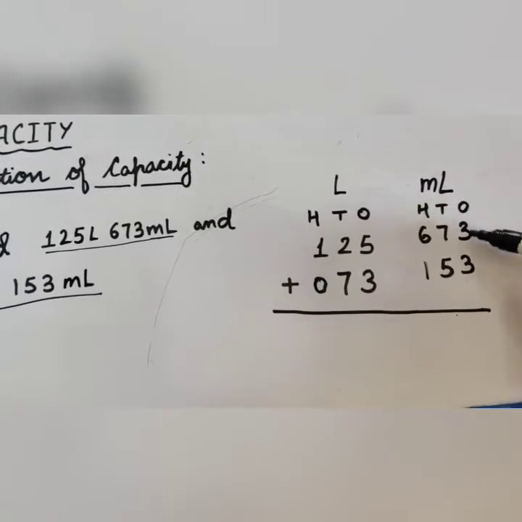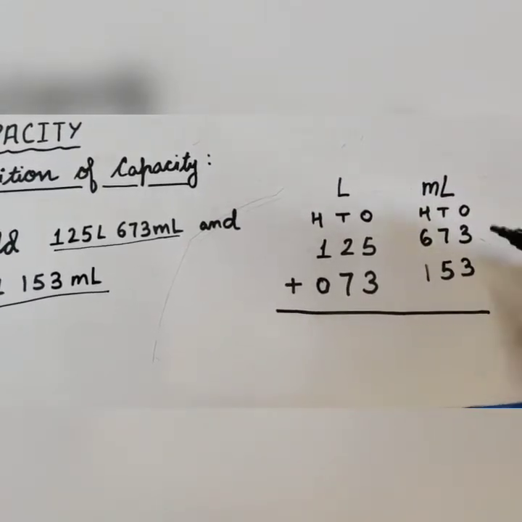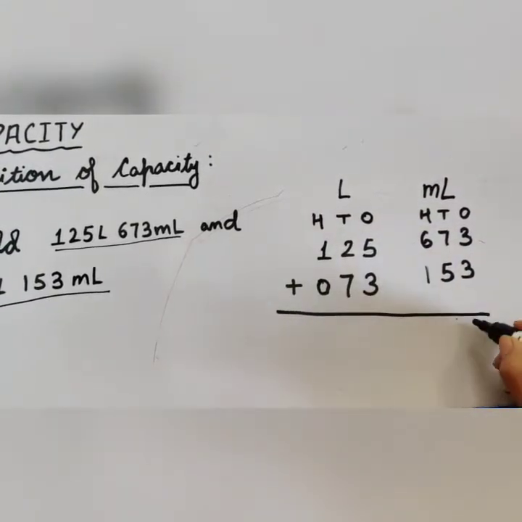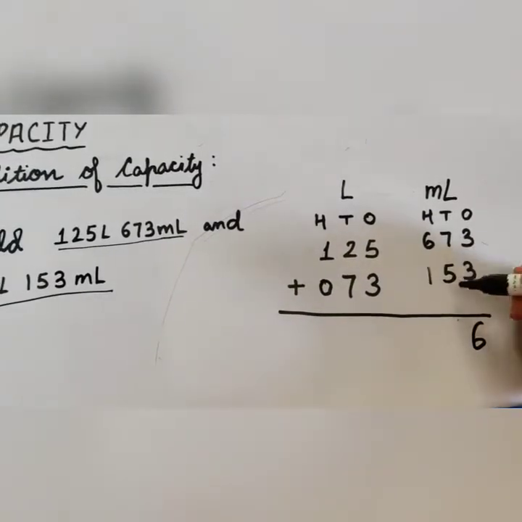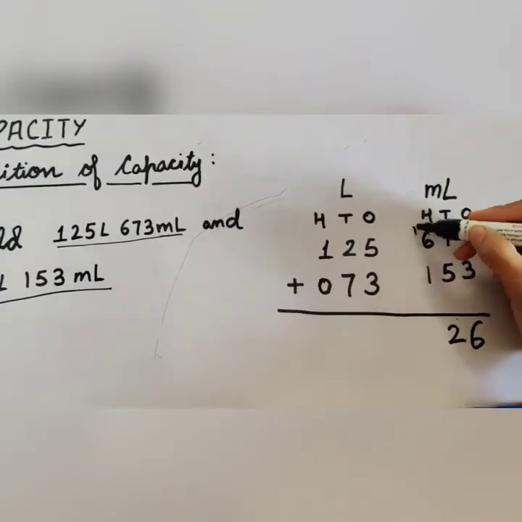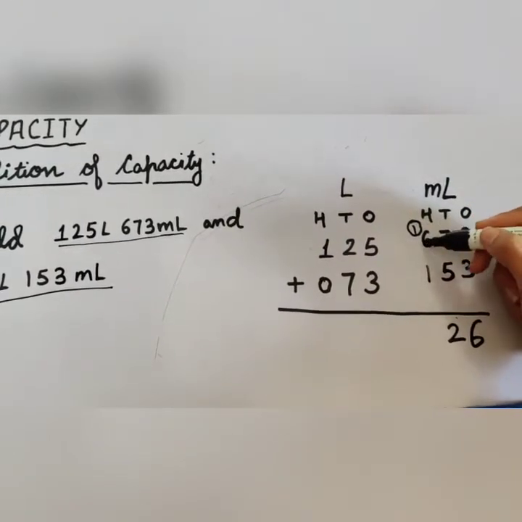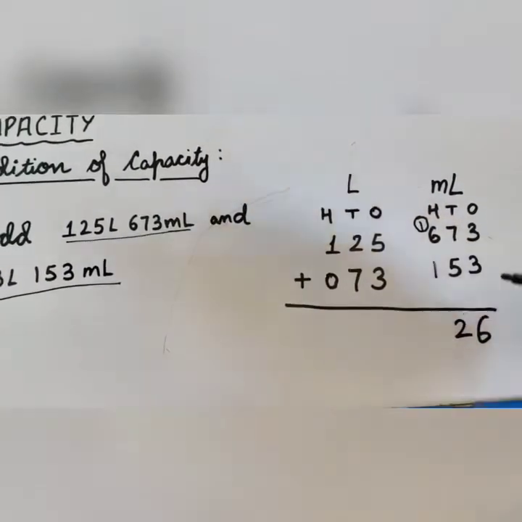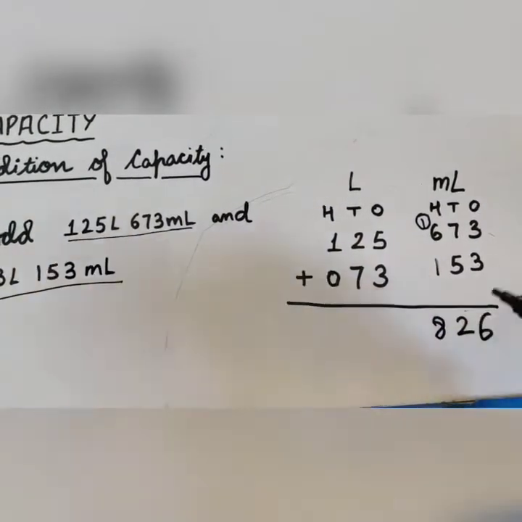Always remember we start with the rightmost column. So 3 plus 3, 6. 7 plus 5, 12. 2 will come here and 1 carry over. 1 plus 6, 7. 7 plus 1, 8.